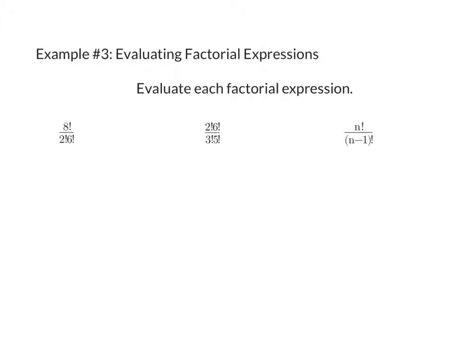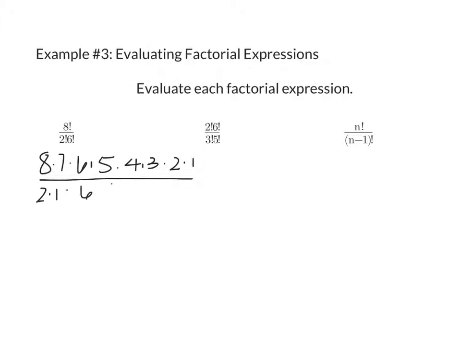So 8 factorial would be 8 times 7 times 6 times 5 times 4 times 3 times 2 times 1 over 2 times 6 factorial. 2 factorial is 2 times 1, and 6 factorial is 6 times 5 times 4 times 3 times 2 times 1.